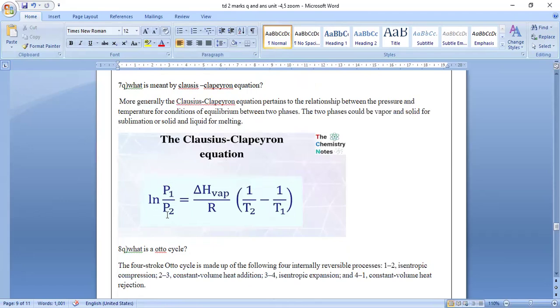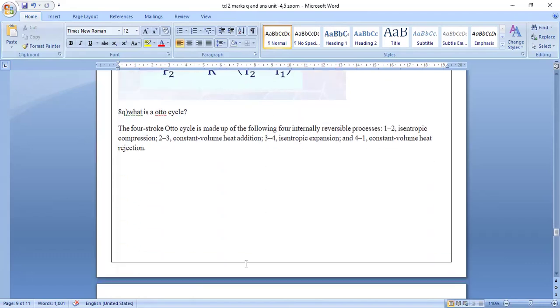So ln of P1 by P2 is equal to enthalpy by R constant times 1 by T2 minus 1 by T1. The difference between these temperatures is recorded here. So here, for vapor and solid, some pressures P1 and P2 are taken. Here the temperature is taken. So this is the Clapeyron equation given here. You have to remember it for competition.